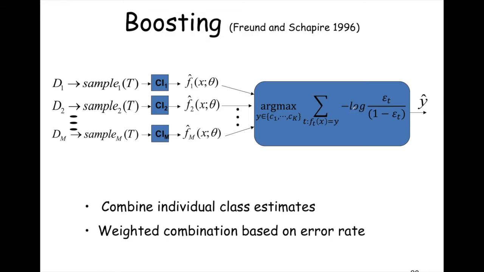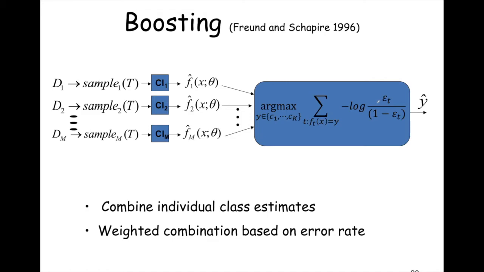Since it's negated, that's the same as saying the log of 1 minus the error rate of each classifier, divided by the error rate. So you can think of it as a kind of log odds ratio based on correctness: the rate of correct over the rate of incorrect.